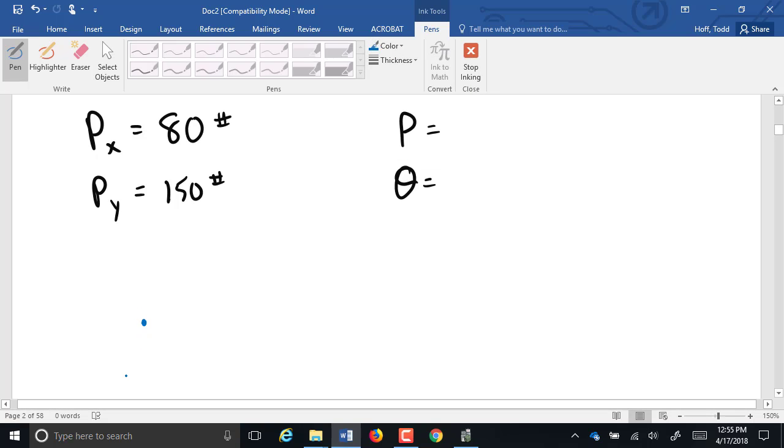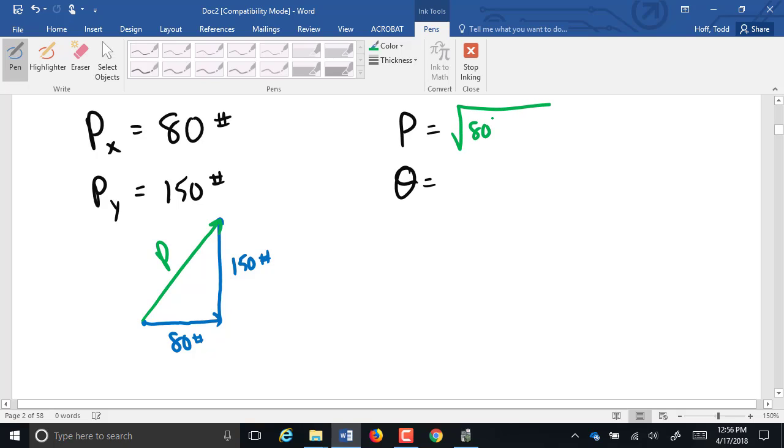Well, we have to resort back to that unit circle. P sub x of 80 pounds is 80 pounds going this direction, right? P sub y of 150, that's 150 pounds going that direction. How would we find P? Hypotenuse. 80 squared plus 150 squared, right? Square rooted.